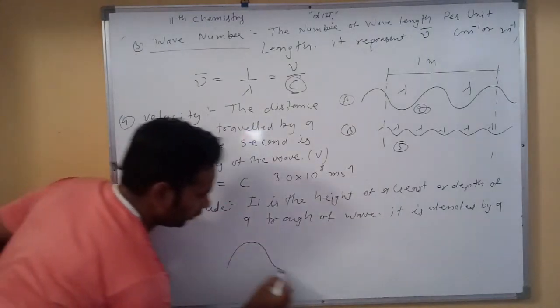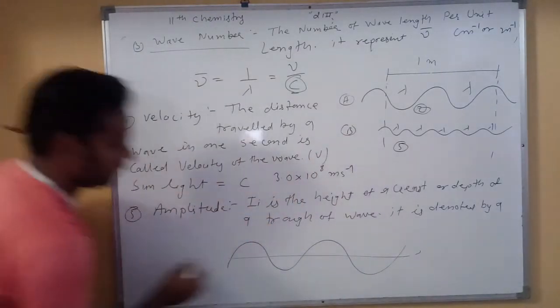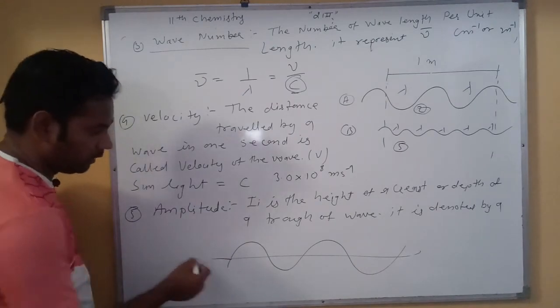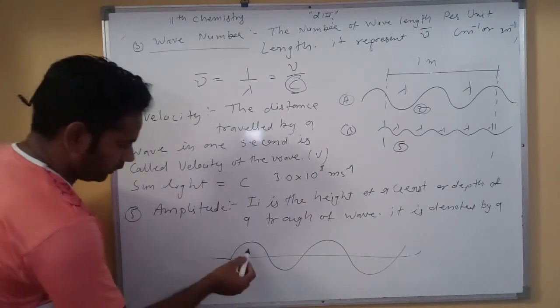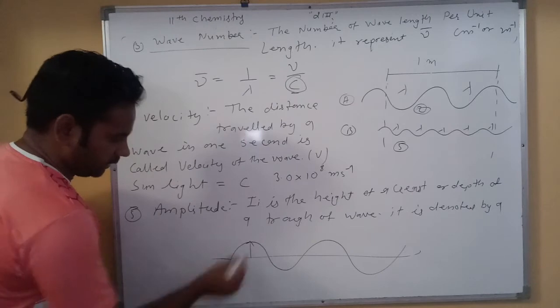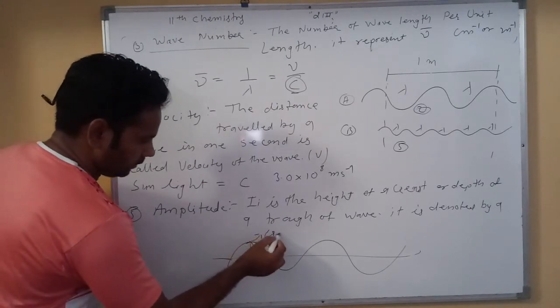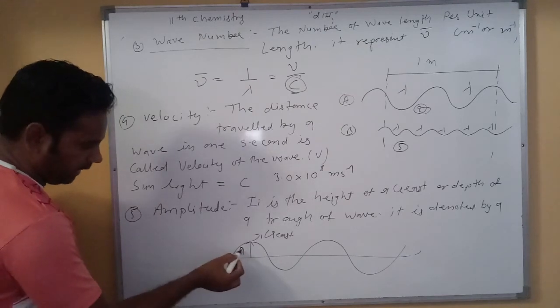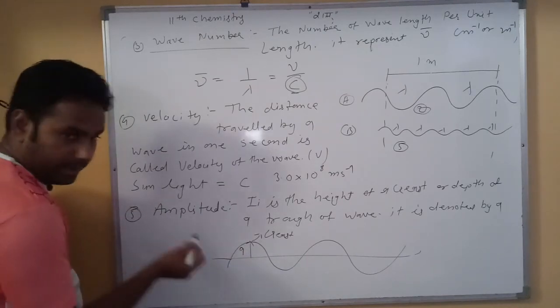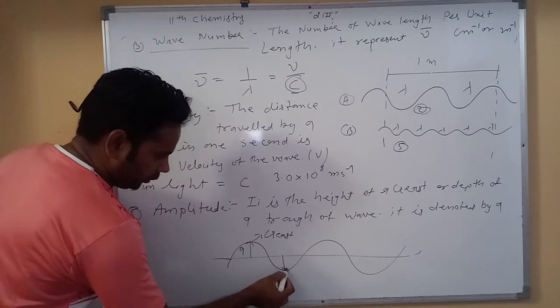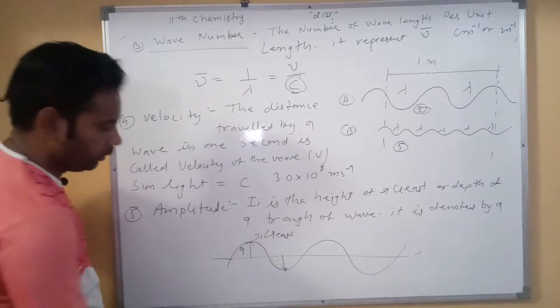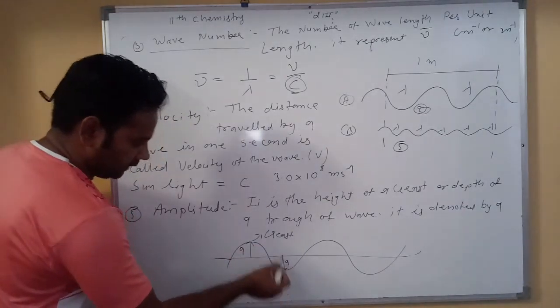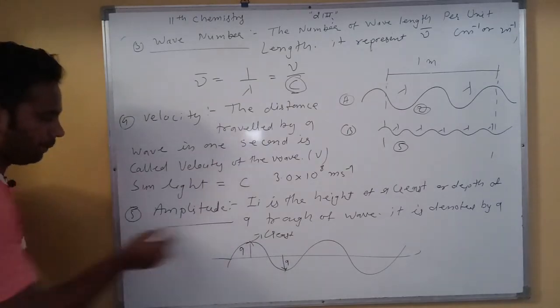Again we understand it. Suppose this is our radiation. So the height of the crest, this is the crest, so this height is called amplitude A. Again the depth of the trough, this distance is also called A, amplitude.